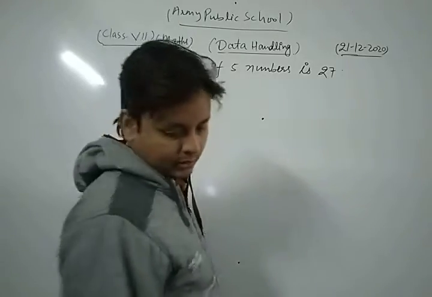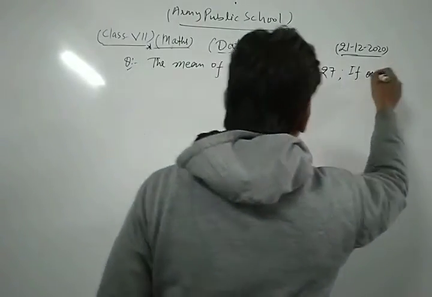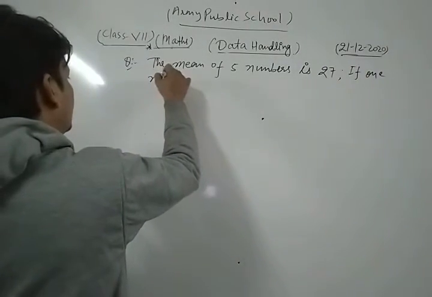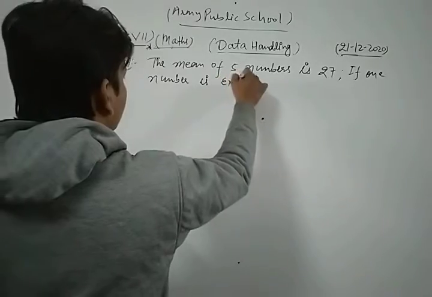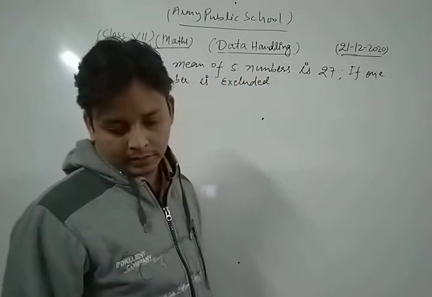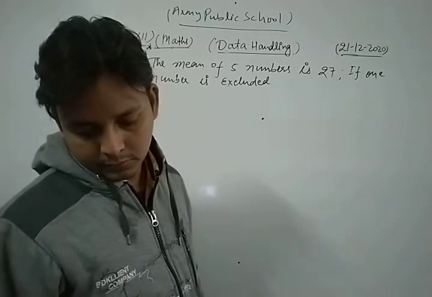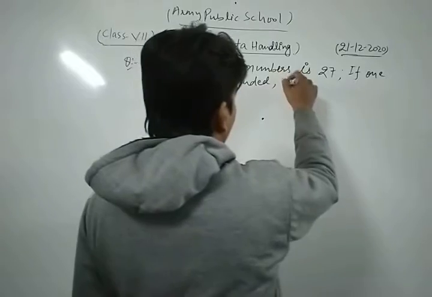If one number is excluded, their mean is 25.